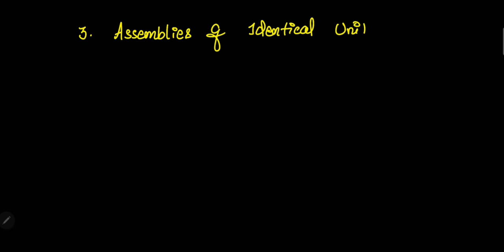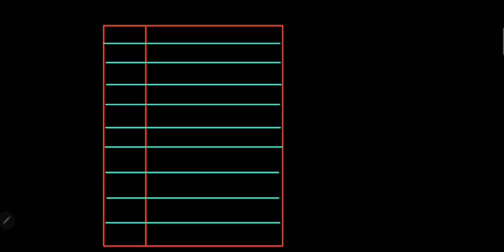And finally, the third type of multiplicative prefix. In the beginning I said this multiplicative prefix is used for naming a few assemblies of identical units. For 2, bi is used.